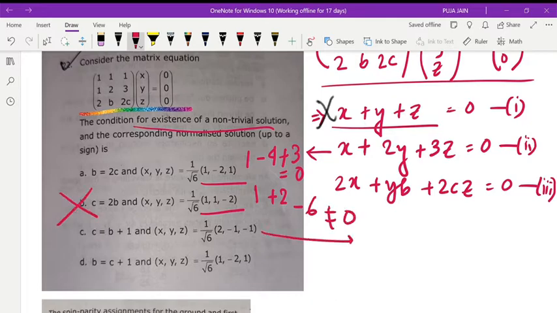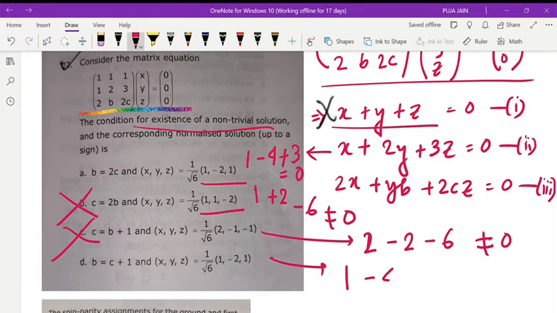Here too, 2 minus 6 is not equal to 0, eliminate this option. And D, 1 minus 4 plus 3, 1, this is minus 2 and this is 1. Basically these two options are the same, so either the answer will be A or D. We have eliminated option B and option C.